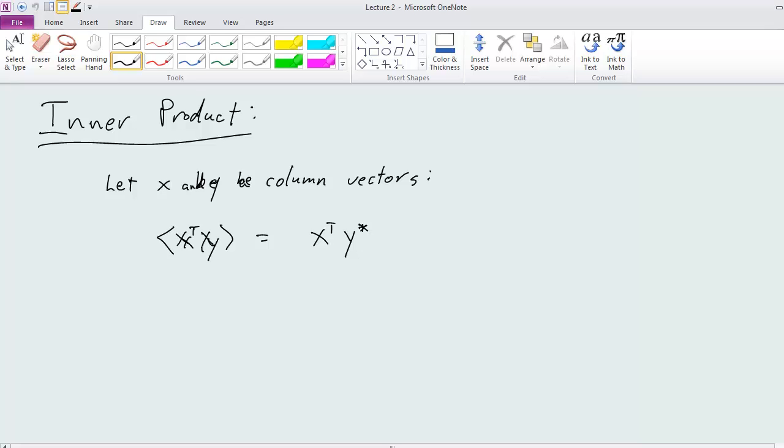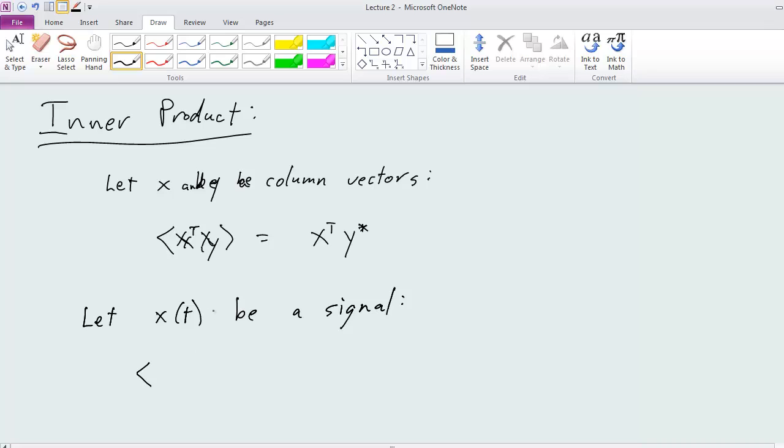Now, for signals, let x of t and y of t be signals. We want to also know how do we take inner products of functions. We're going to give you a definition of what we will use as the convention for inner products of signals.